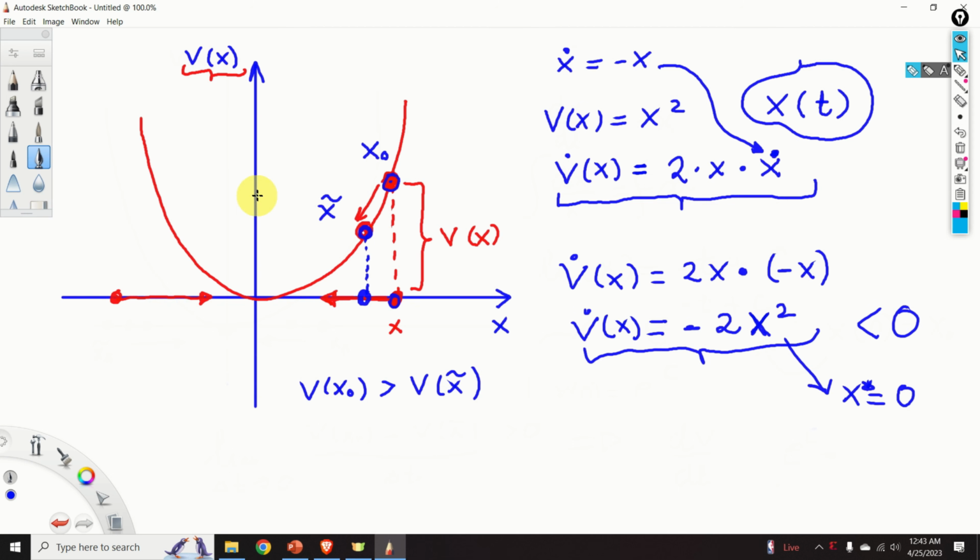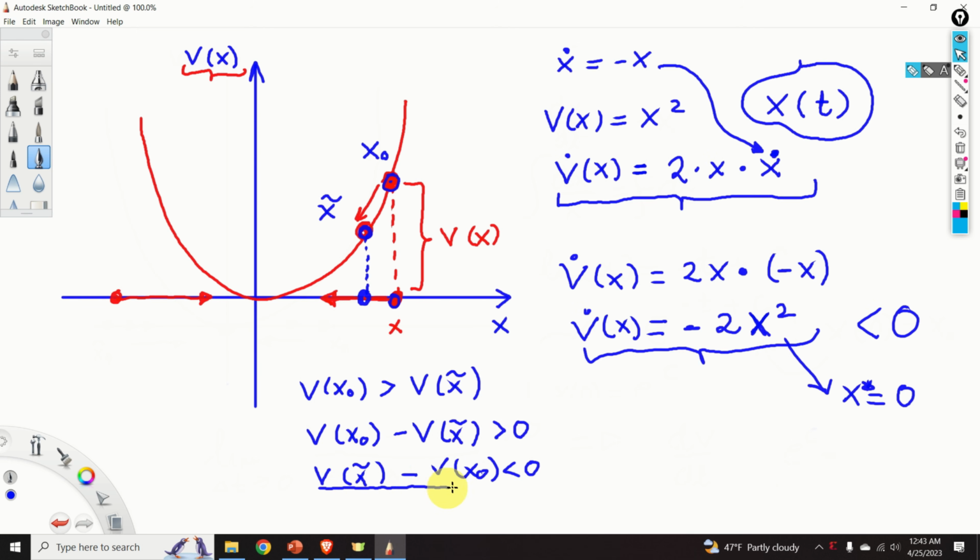This actually means that V of x0 minus V of x tilde is larger than 0, or on the other hand we have that V of x tilde minus V of x0 is smaller than 0. Then let us divide this equation by delta t.